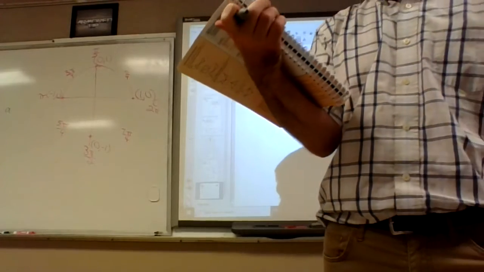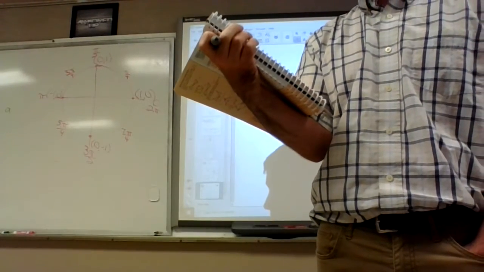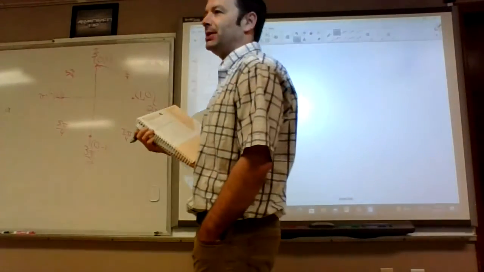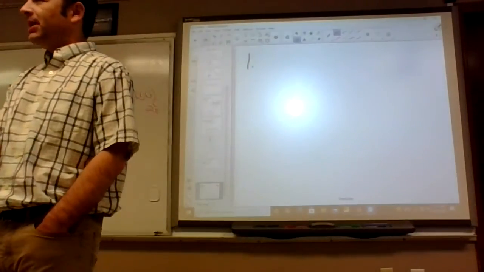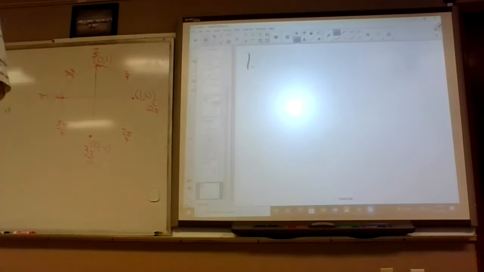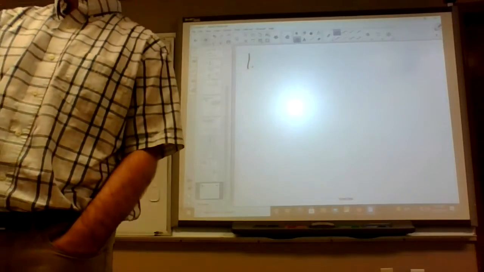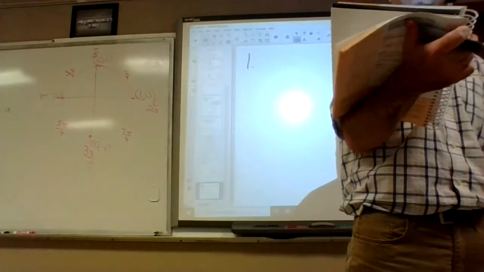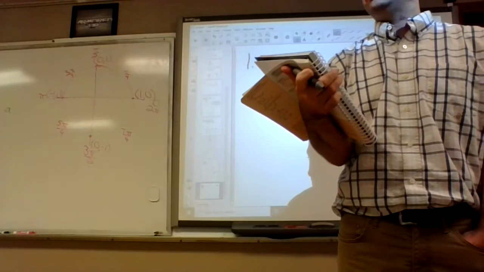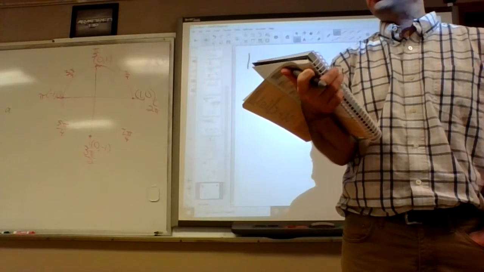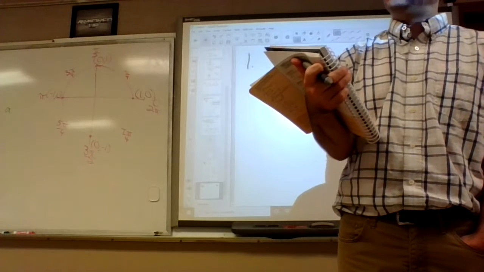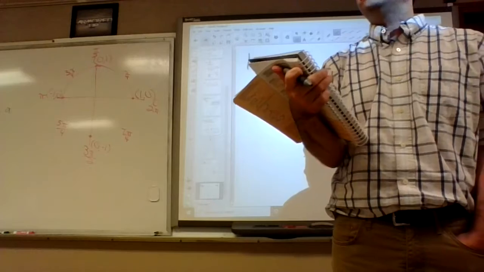Number 1, name the included angle between segment AD and segment DC. You guys see AD and DC? You should be looking in your books. What angle is between segment AD and DC? You cannot call it angle D, because there are three angles that have D as a vertex: the little angle on top, the little angle on the bottom, and the big angle.